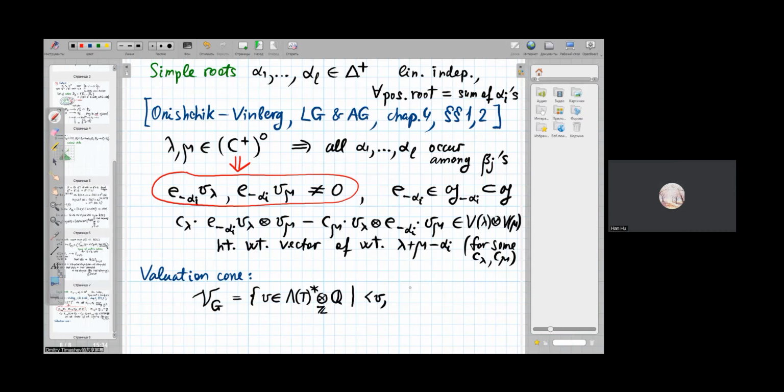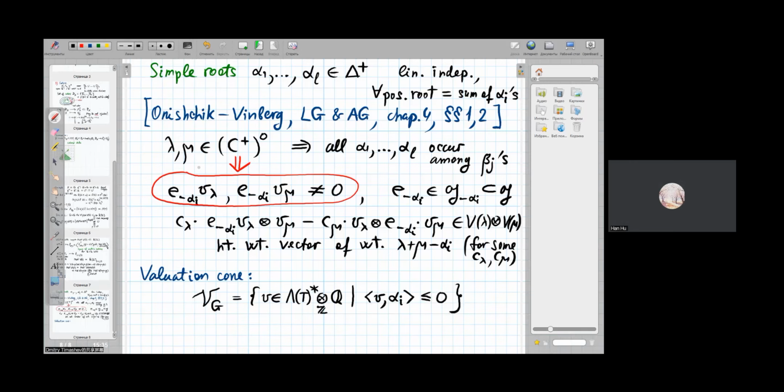But tails are positive linear combinations of positive roots, and all positive roots are positive linear combinations of simple roots. So it suffices to evaluate V at simple roots. And the defining inequalities will be like this.